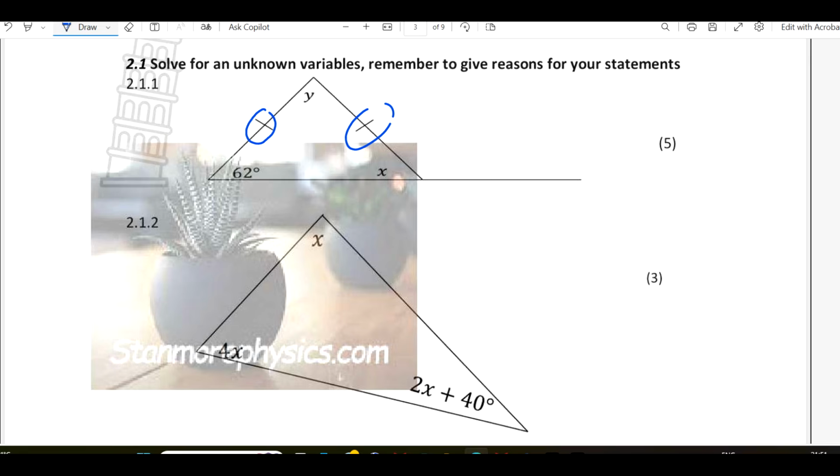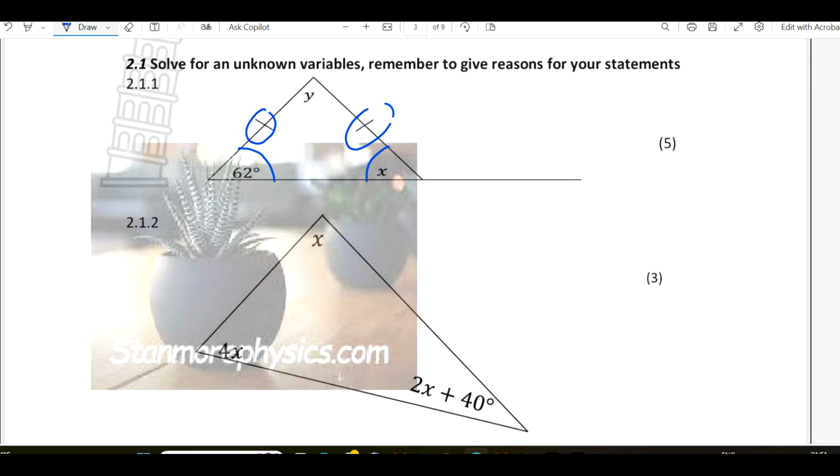And guys, we know that in an isosceles triangle, this angle and this angle must be equal. Opposite angles are equal.